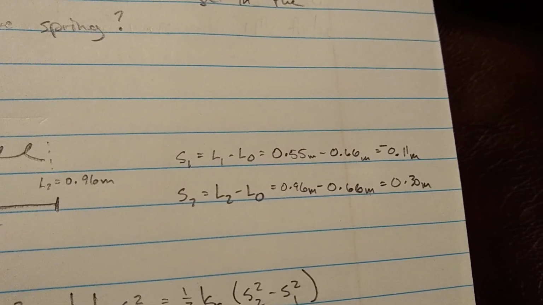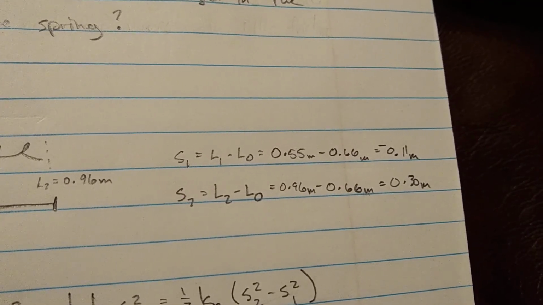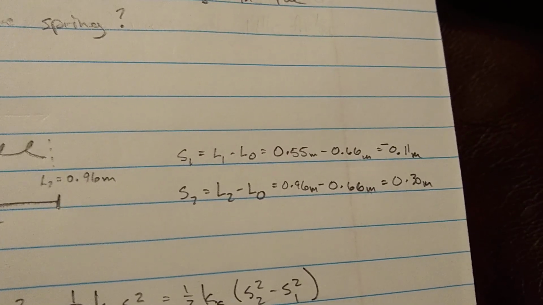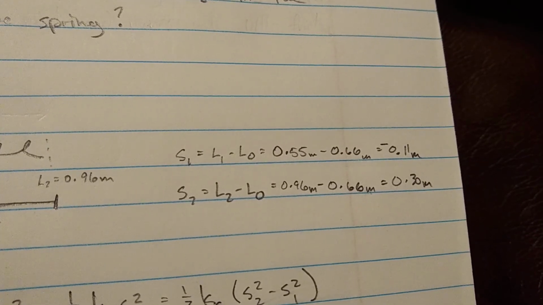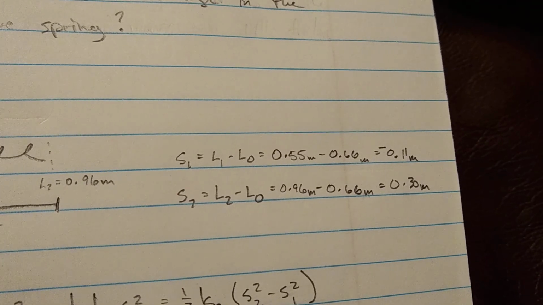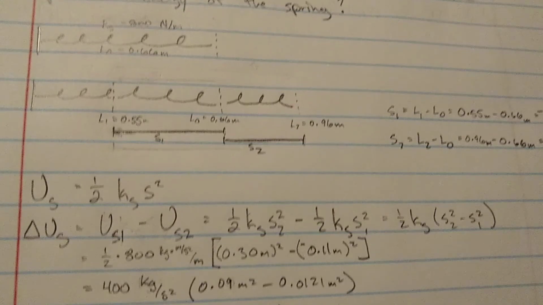For S1, it's the difference between the compressed and relaxed, and that's negative 0.11 meters. And for S2, it's the difference between the stretch and the relaxed, and that is 0.30 meters. So you have an S1 and an S2. That's what we drew right there.